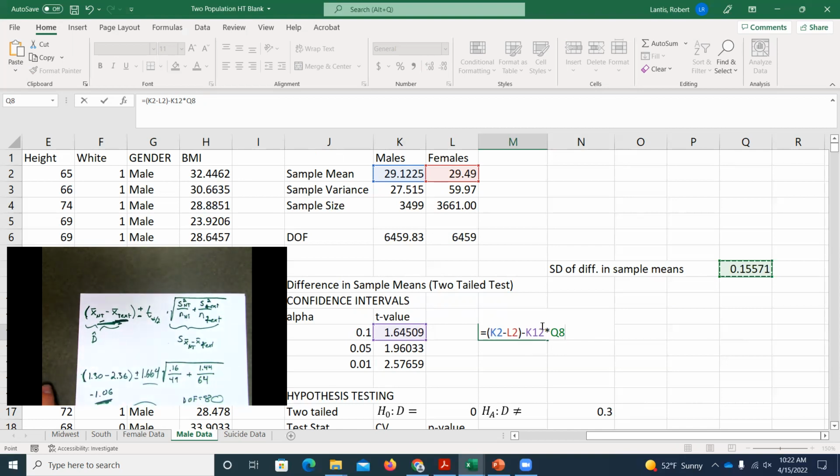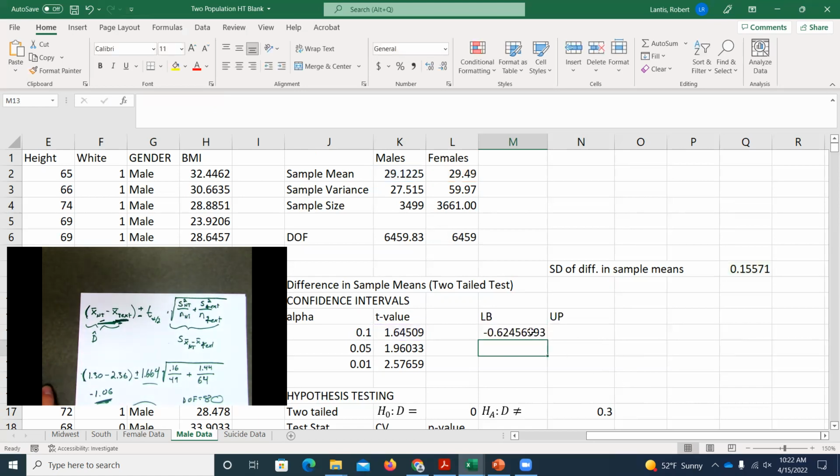So everything else other than this t-value reference of K12, I'm going to use F4 or Command T on a Mac and freeze those. Now, when I copy this down, I'm using all the same sample information. I'm just going a further number of standard deviations away to get my lower bound. And I've got my three lower bounds relatively quickly.